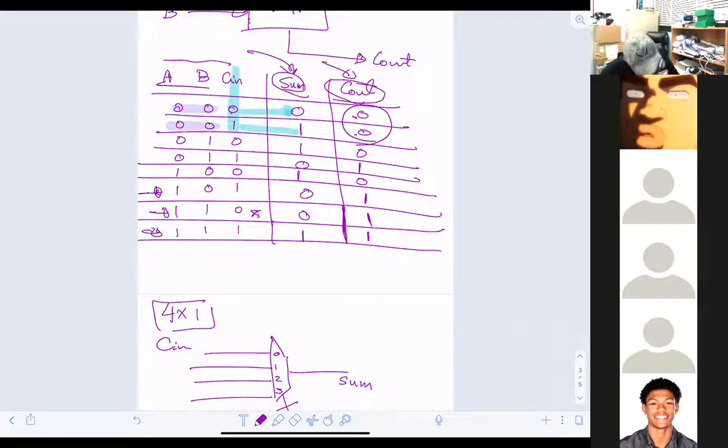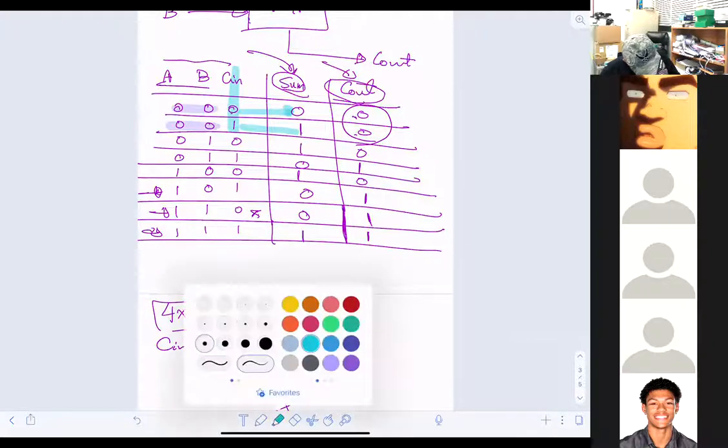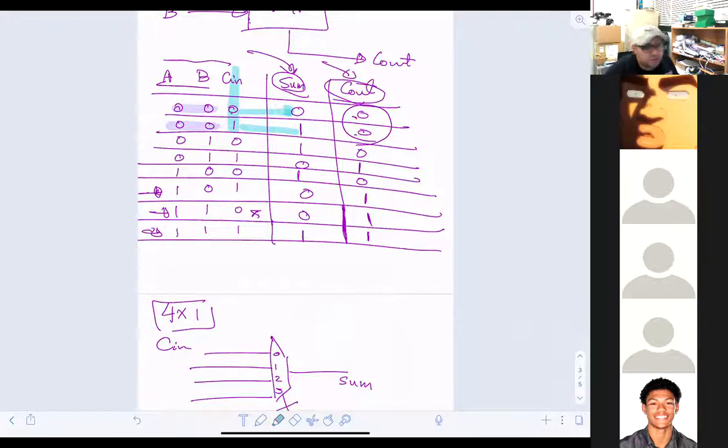Now we're gonna look at that 0, 1. So maybe we need to ask Jeremy. Jeremy, can you reply to me about what will be the input in this case for the sum? I'm sorry, I'm having some connection issues. Can you repeat that?